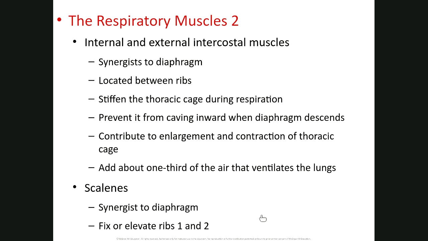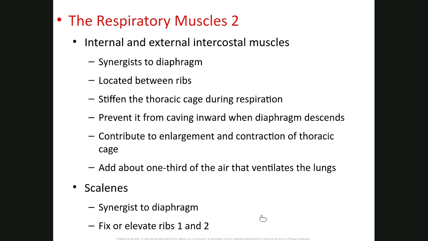Together with this, the external intercostal muscles. There are muscles between the ribs, intercostal between the ribs. The external helps to pull these ribs up. So when the external intercostals lift the ribs up and the diaphragm contracts to go lower, you actually see the lung get bigger. It expands.